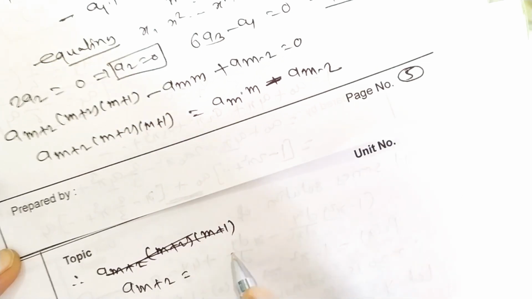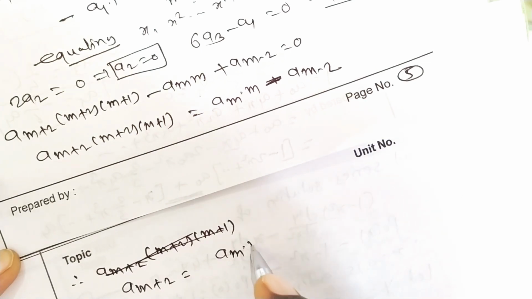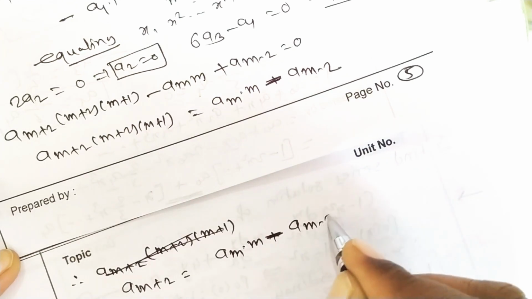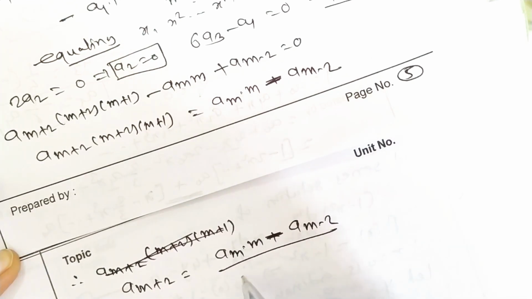a(m+2) is equal to a(m) into m minus a(m-2) upon (m+2) into (m+1).